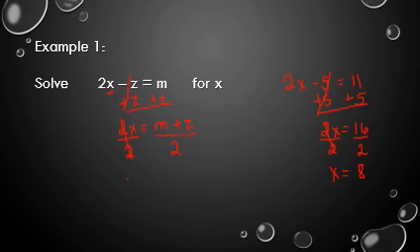Those cancel out, and that leaves us with x equals m plus z divided by 2. And that would be your final answer. Notice the whole purpose of this, whenever it says to solve for x, you're trying to get the x all by itself. Let's try another example.